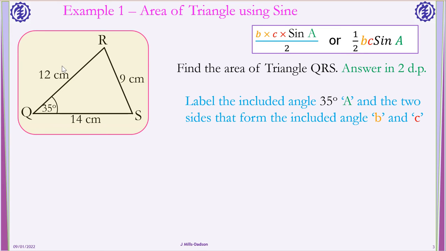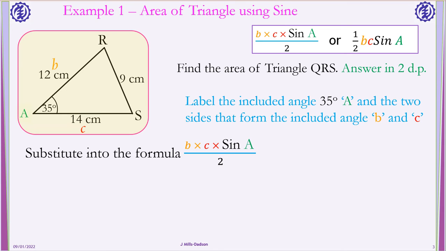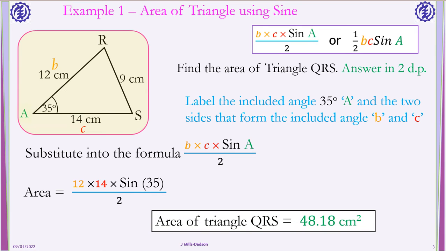So you label the included angle A, and B and C for the other known sides. Put into the formula, this is what you have. The calculator works it out as 48.18 centimeters squared. So that's the area of the triangle. Simple as that. Just remember, 2 known sides with an included angle, you are done.